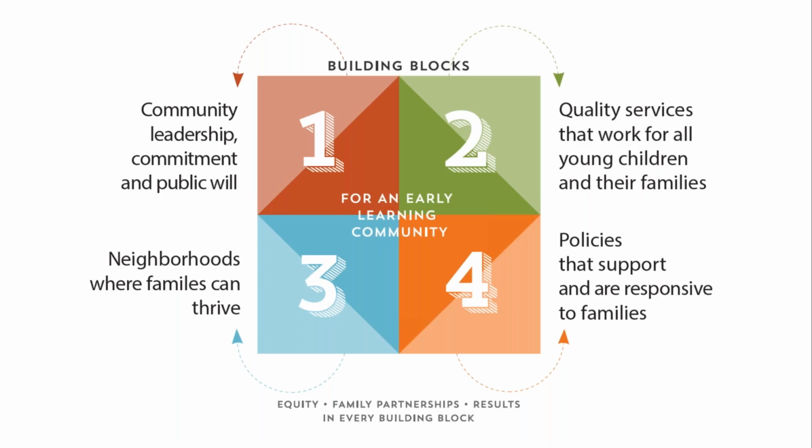And the third area that we call out throughout this is a focus on results. So within all of these building blocks, we need to be paying attention to whether what we're doing is achieving what we want it to, and constantly reassessing and changing our strategies if it's not getting us the results we need. And some of those results are tracked in things like public health data, but some of them are, again, not quite as concrete as that.